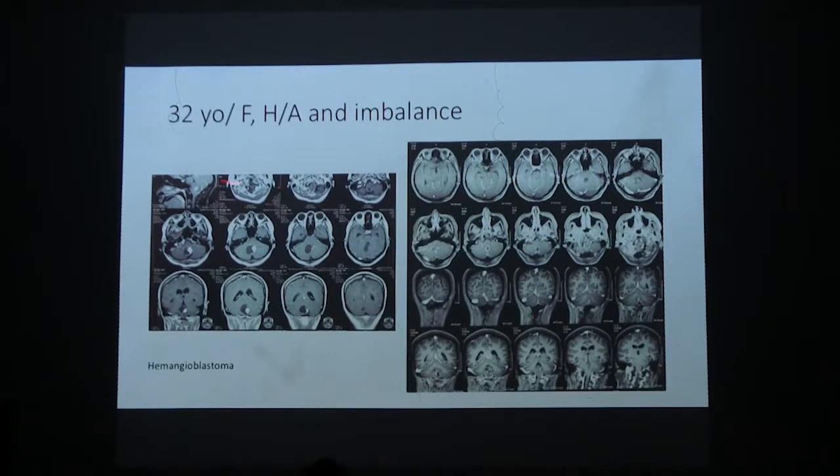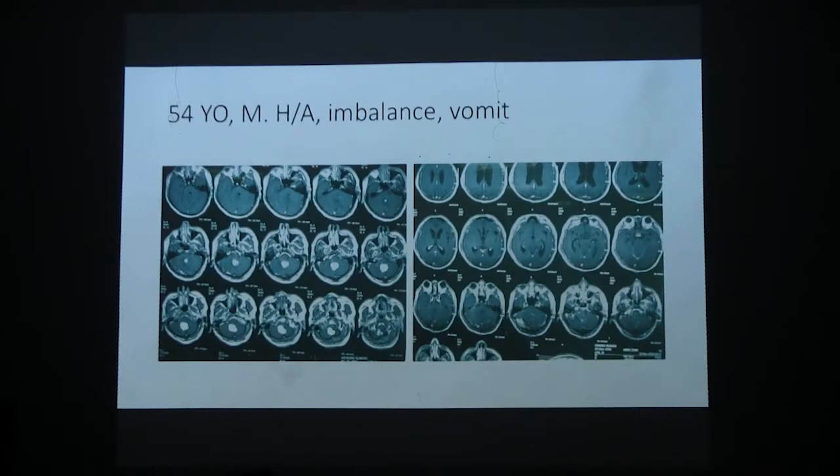This is another case, 32 years old, female, with headache and imbalance. It's also proven to be hemangioblastoma. Look at that. She has a homogeneously enhancing lesion with a cyst surrounding it. And this is after the surgical removal.